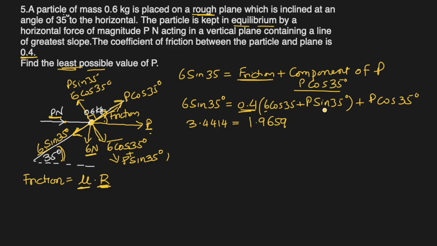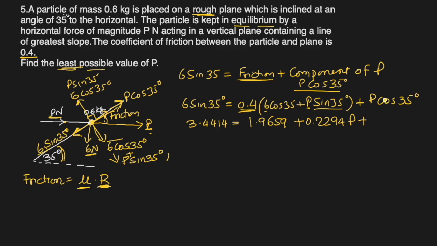So 0.4 times sine 35 will be 0.2294 P, because P is there, we can't ignore it.